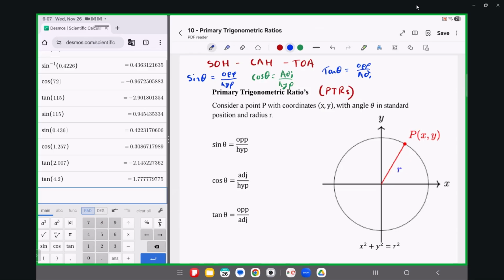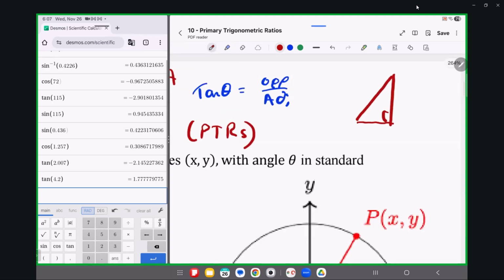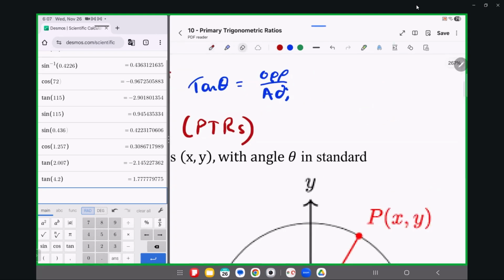But if it's been a long time, typically you've used these ratios to solve for different angles and sides of some triangle. So say you're given a triangle.